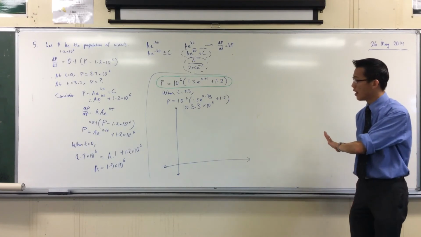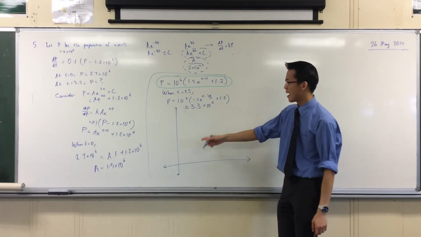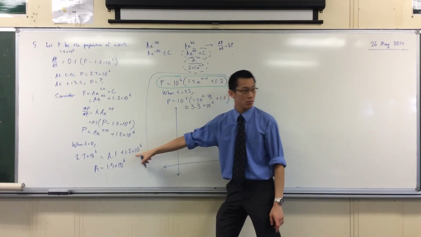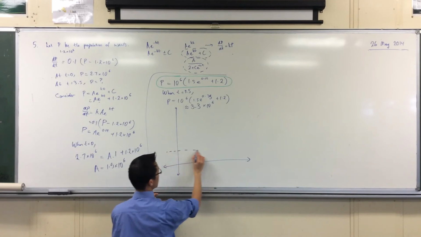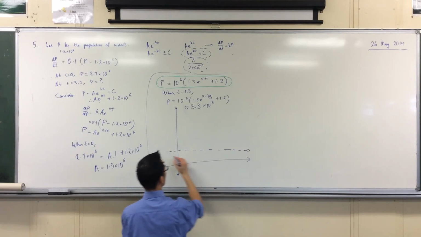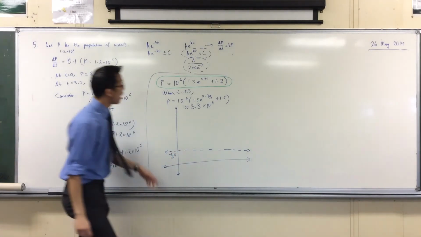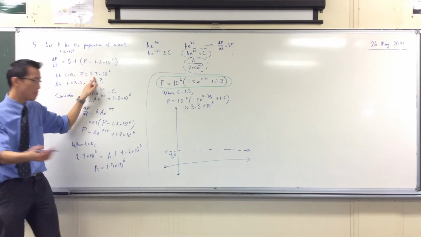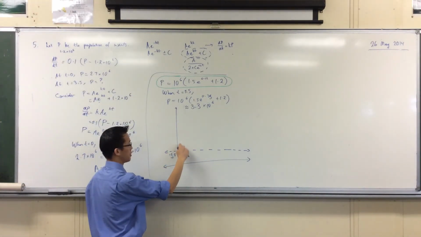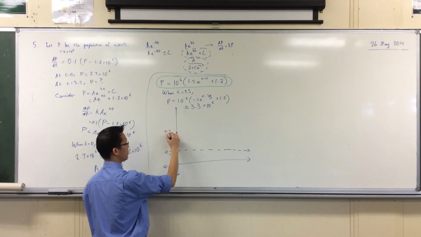So there you go. Now I've got some points that I can put onto my graph. I've got an asymptote at, where was it, 1.2 times 10^6. So I'll stick that here. I know my intercept is 2.7 million, so that should be a bit more than double, shouldn't it?